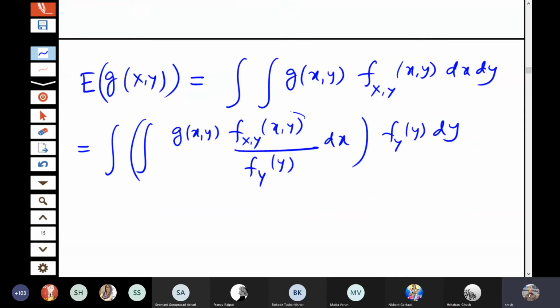Now this inside quantity is nothing but the conditional distribution of x given y. If I am integrating a certain term multiplied by the density, then it is nothing but the expectation.